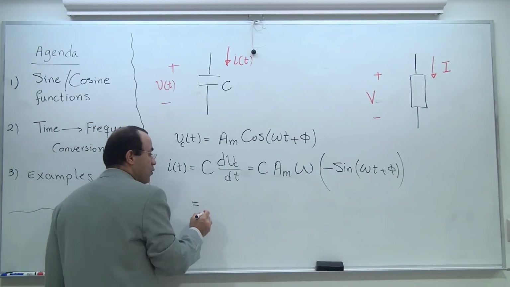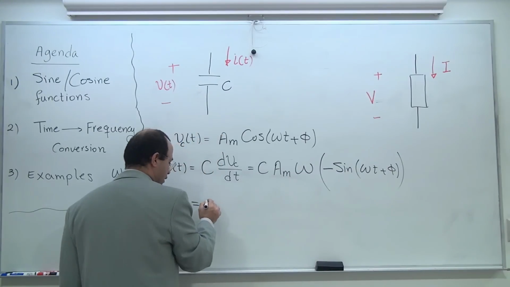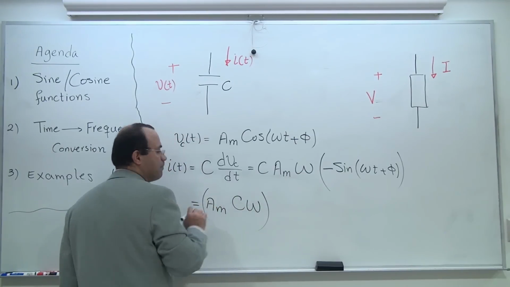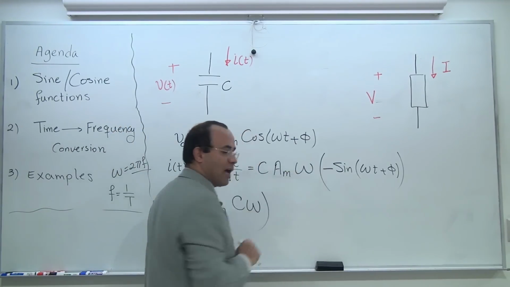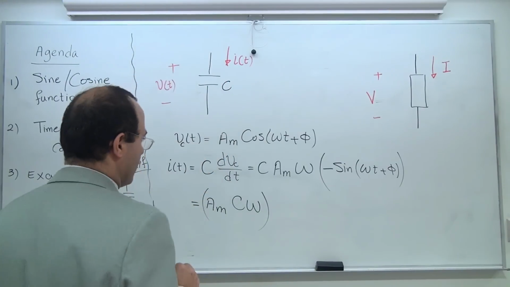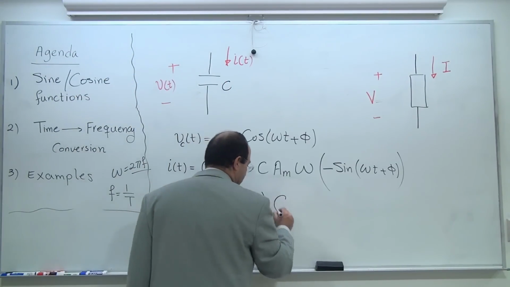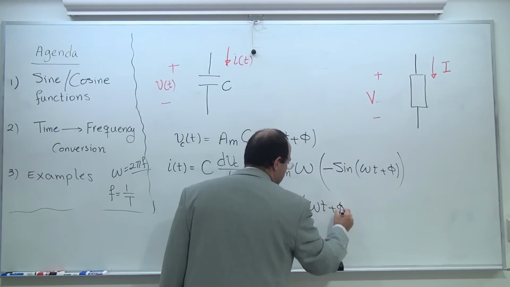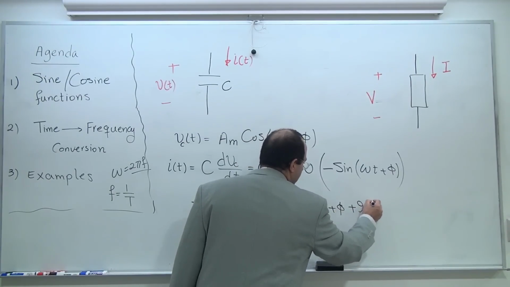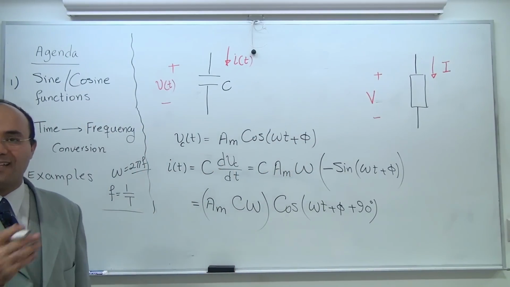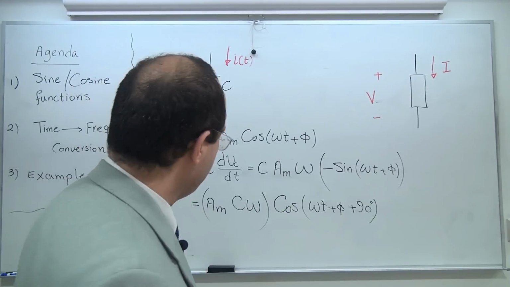But first of all, this is my constant, so it's going to be Am C omega so far. I'm not supposed to have a minus sign. I'm not supposed to have a sine, for that matter. I'm supposed to have a cosine: cosine of omega t plus phi plus 90 degrees. You can verify this using the expansion rule I explained the last time.